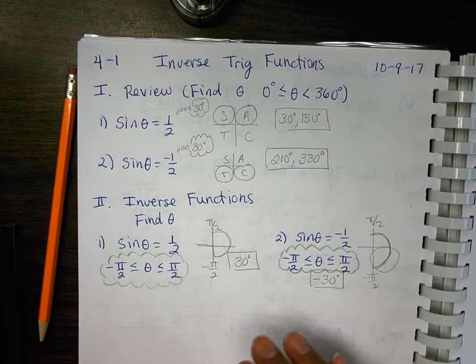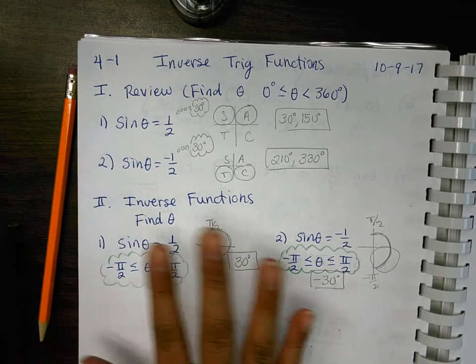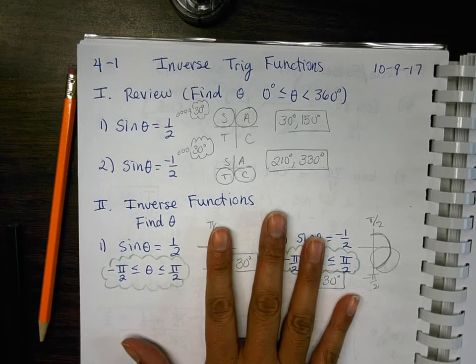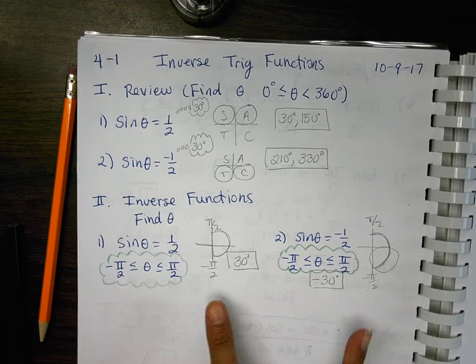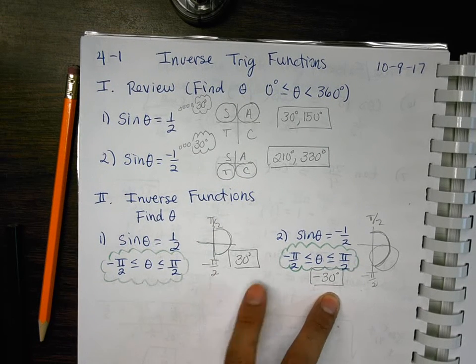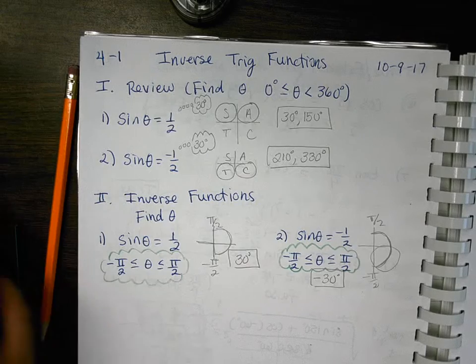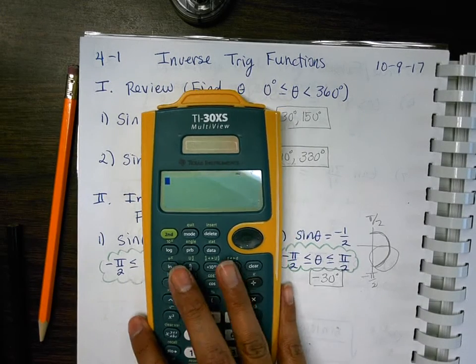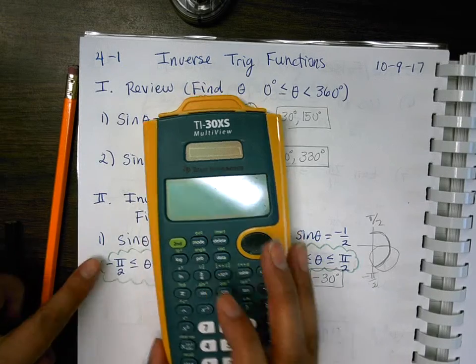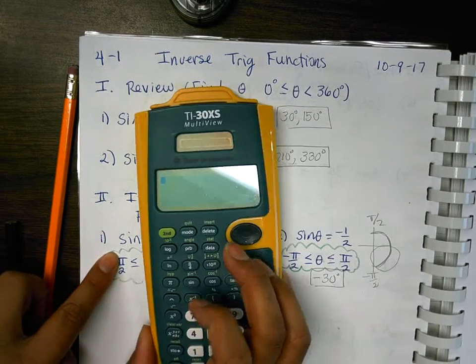Okay, so why do we have these restrictions? Inverse sine, inverse cosine, inverse tangent, all these inverse functions will from now on only have one answer. And when you plug it in your calculator, you only get one answer. We don't use our calculators on this unit, but I do want to show you. Inverse sine of 1/2.